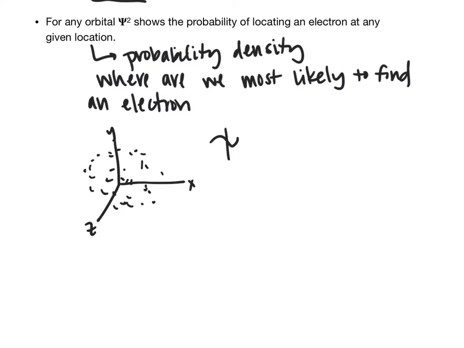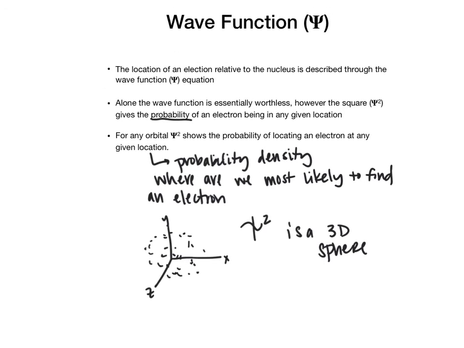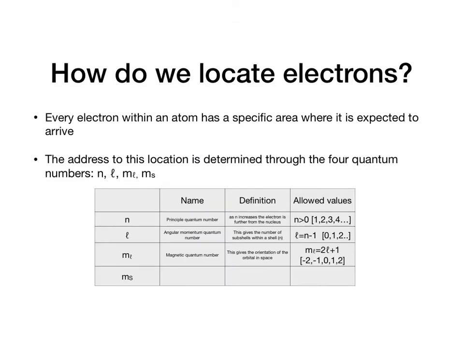So psi squared is a 3D sphere. This tells us basically where we could find the electron. Just because we can say something is X number of angstroms away from the center, what does that actually mean? How far is that?